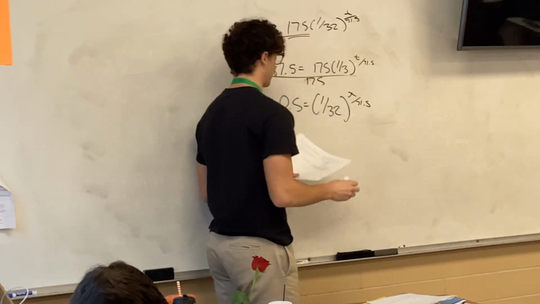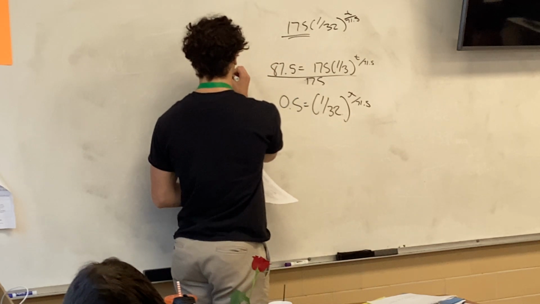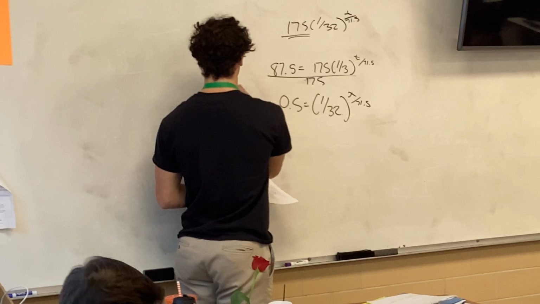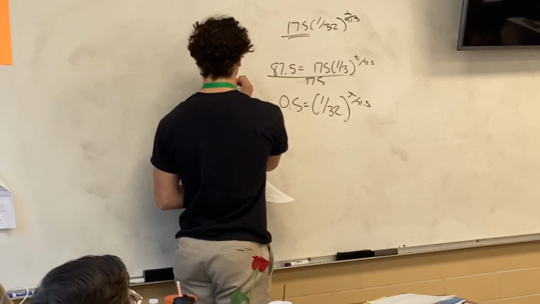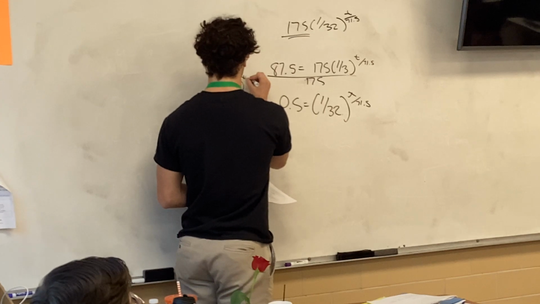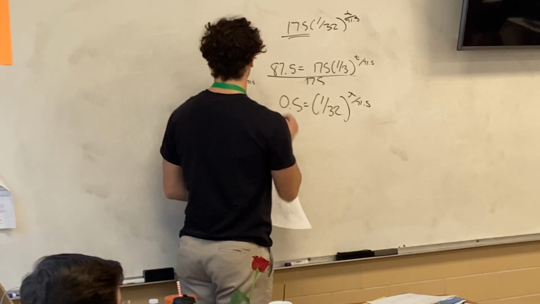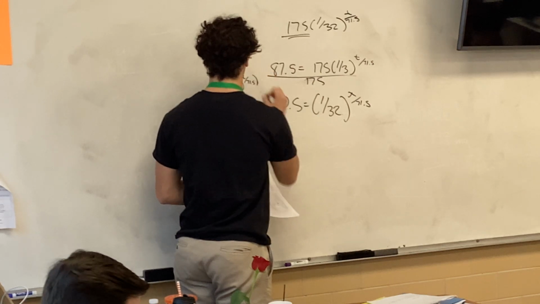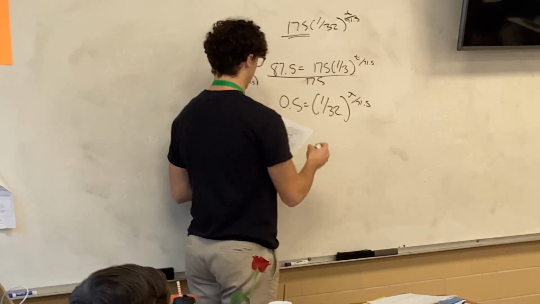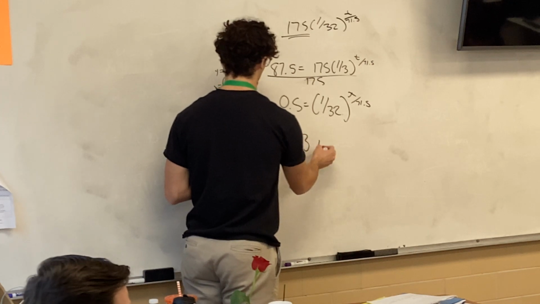Then I went into my calculator and graphed y equals 0.5 to the 1/32 t or x, and y equals 71.5, and I found they intersected at 14.3 days.